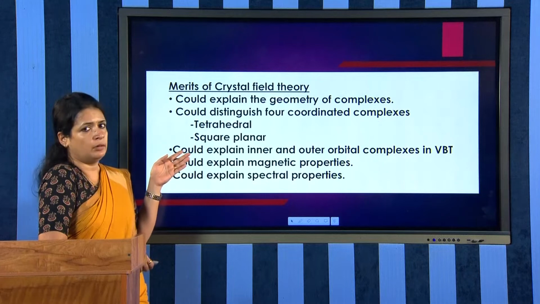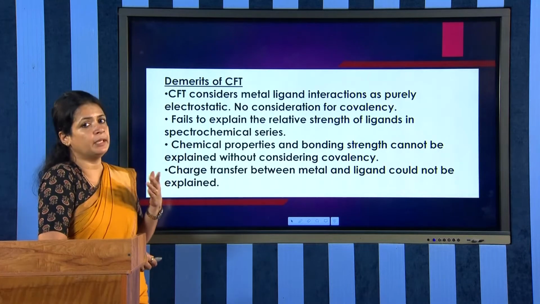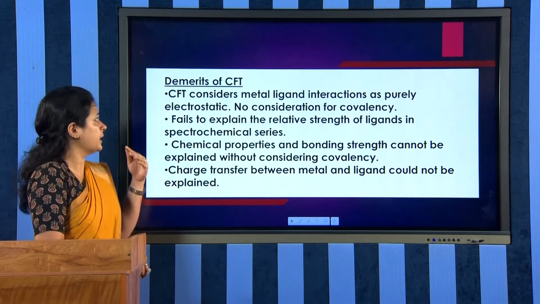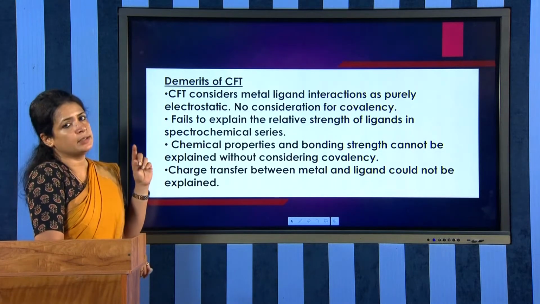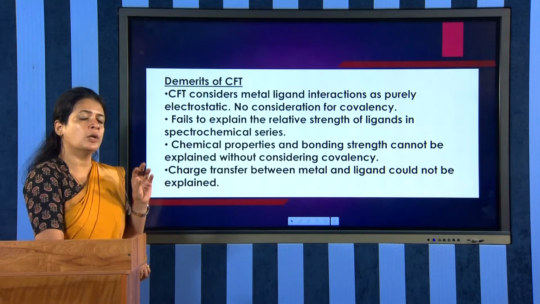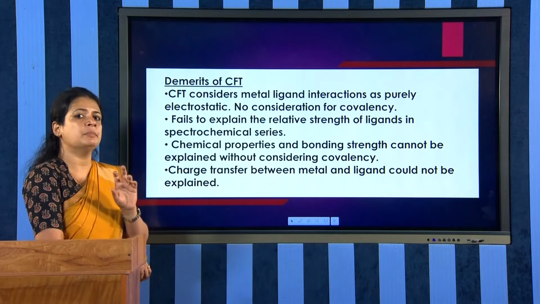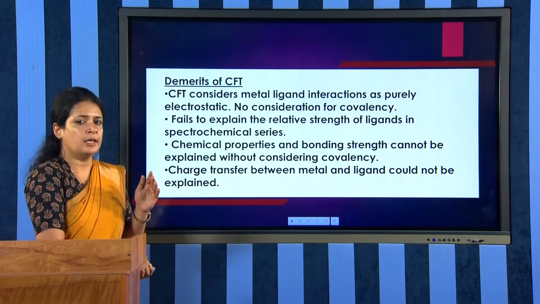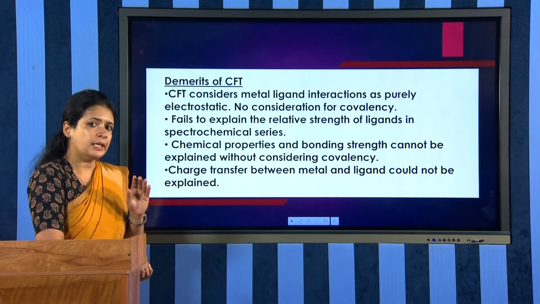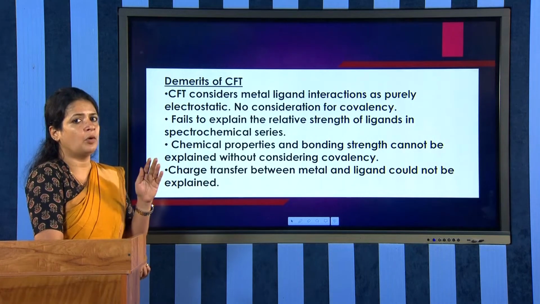Moving to the demerits, although it has many merits, there were also demerits for the crystal field theory. Number one is that crystal field theory mainly discusses an electrostatic interaction between the metal and the ligand. Electrostatic interaction means the crystal field theory considers the metal ligand bond as having ionic character.